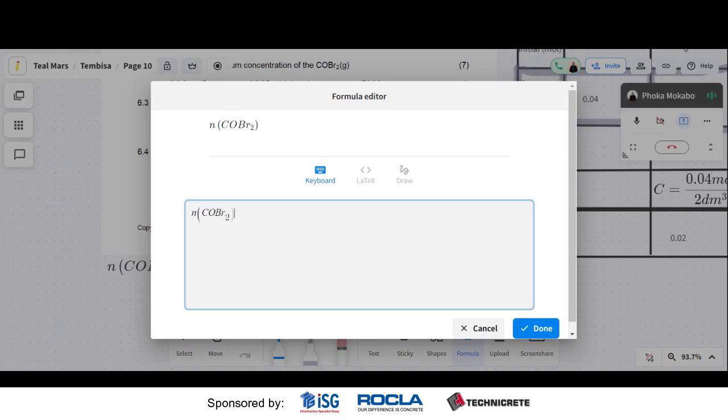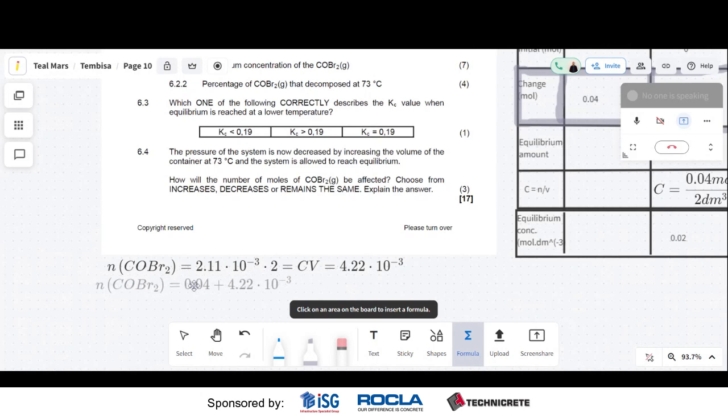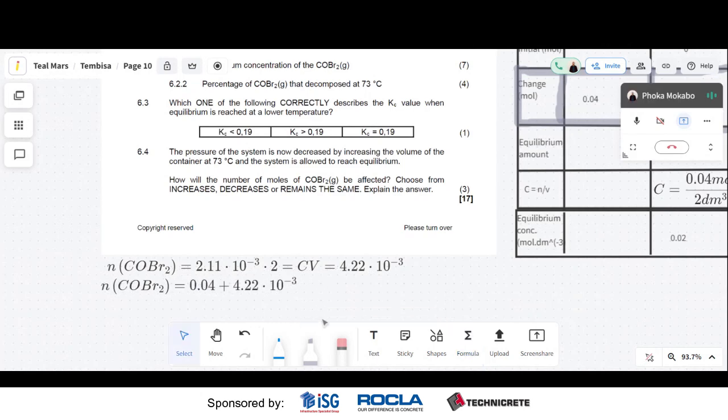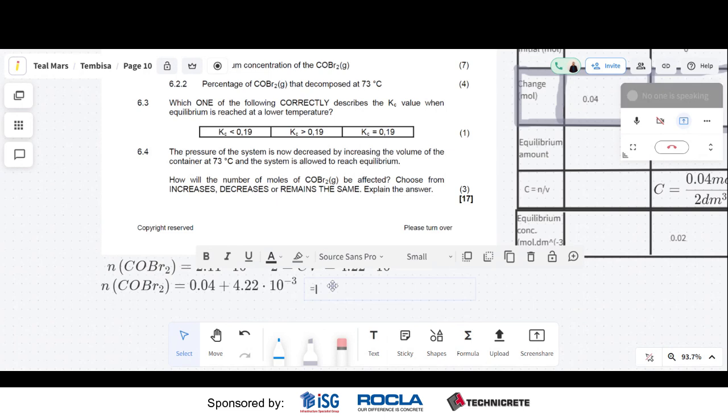So if we add that 0.04, which we found, plus this 4.22 times 10 to the negative 3, which essentially equals 0.44. Okay, and that's the final answer to that.